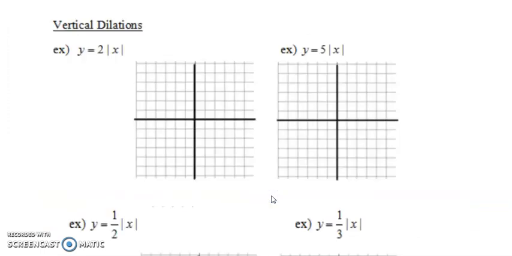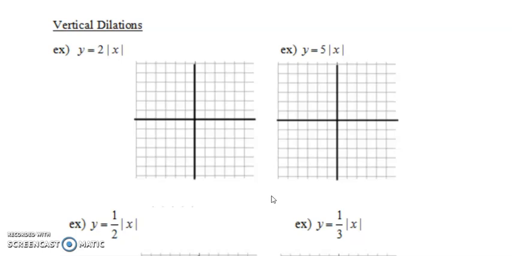So looking at some vertical dilations here, you notice that each of our four examples have y equals some number times the absolute value of x. So we're not looking at any other transformations except for these dilations. Because it's a number being multiplied on the outside of where the x is, it has to be a vertical transformation.